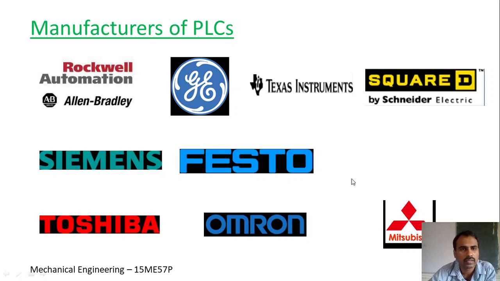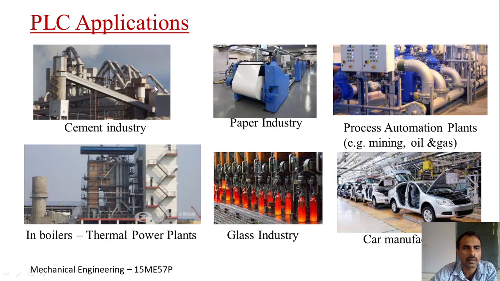Okay. Here we see the PLC applications, where PLCs are used. You can see PLCs are used in cement industries, paper industries, process automation plants such as mining or oil and gas, boilers and thermal power plants, glass industries, and car manufacturing plants.